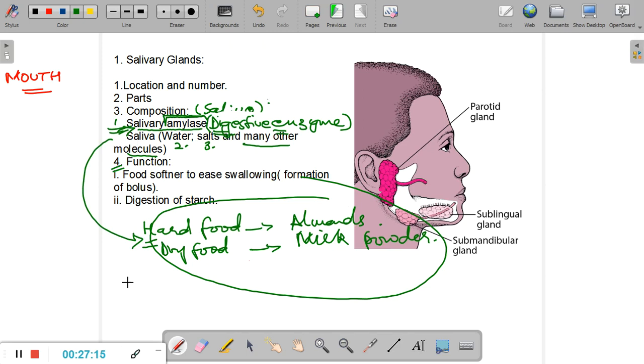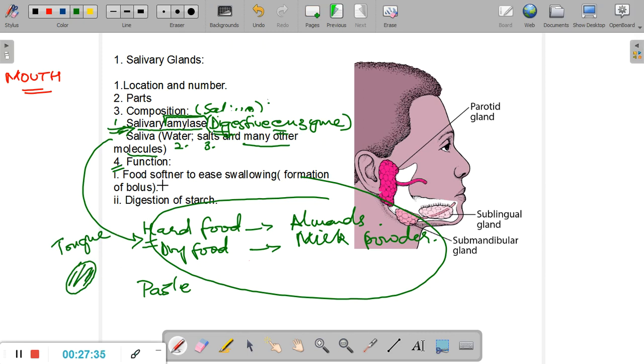And what happens? Saliva turns this hard and dry food into a soft paste. And then this paste can be rolled into a ball. And what rolls the food into a ball? Our tongue also helps in this. Our tongue rolls the food into a ball with the help of saliva.